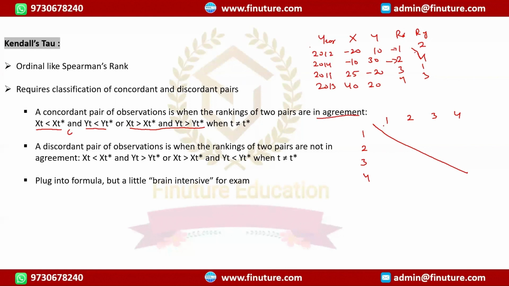We compare 1 and 2, and 2 and 4. So 1 is less than 2, and 2 is also less than 4.